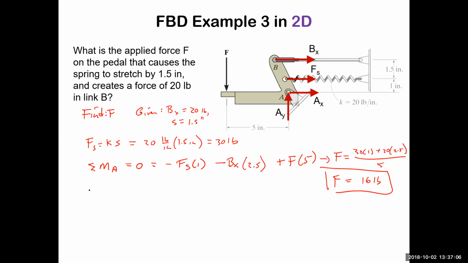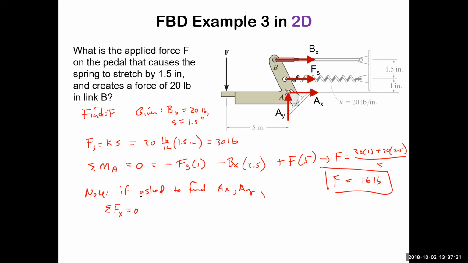But if we were asked to find AX and AY, what would we do? How would we do that? We would use the sum of the Fx's equals 0. By the way, I really want to see you write the sum of Fx equals.